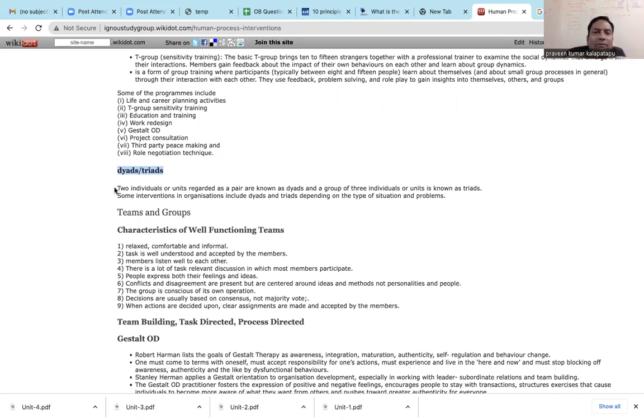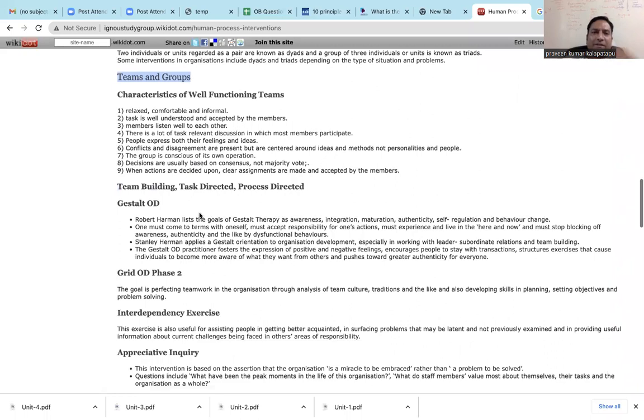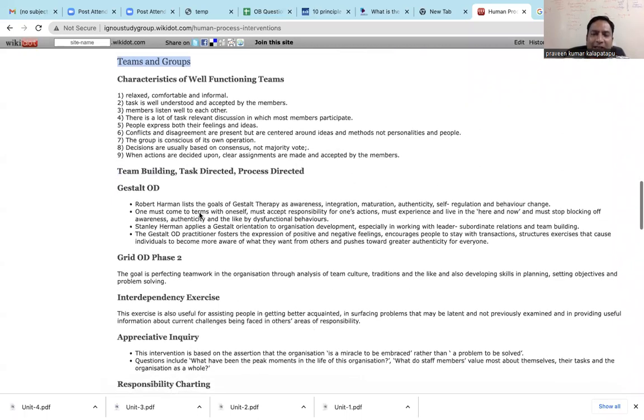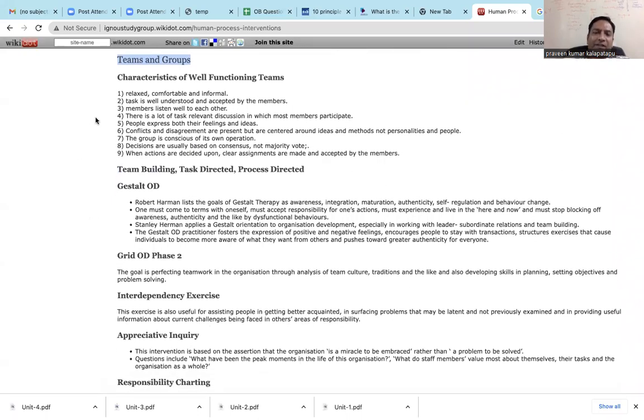Now we are reading through teams and groups. Because this is human process intervention, there are a lot of interventions in and around teams, such as how you can build an effective team.